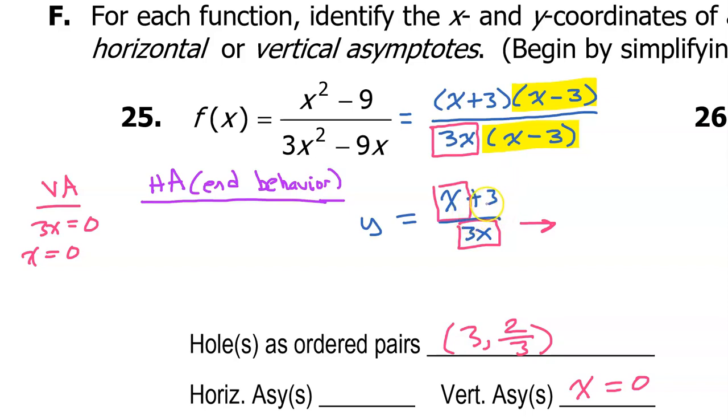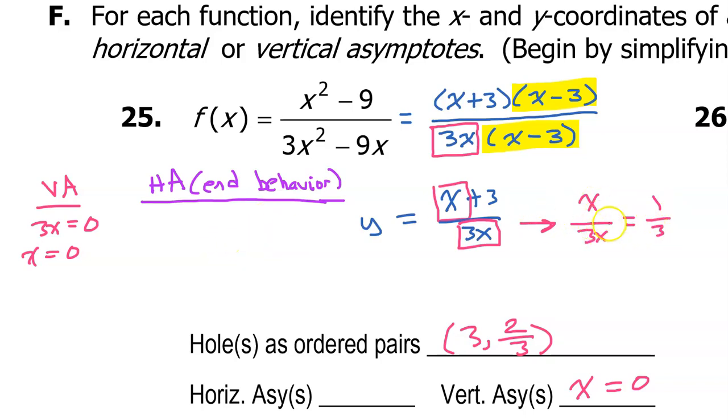This little plus 3 hanging on the end, as this x becomes 1,000,000, and in the bottom we have 3,000,000, the little plus 3 is really not doing anything. So this is going to approach x over 3x, which in turn simplifies down to 1/3, right? Once you cancel out those x's.